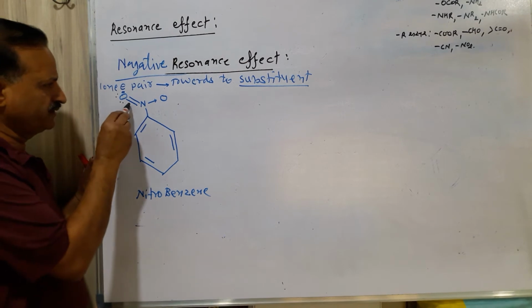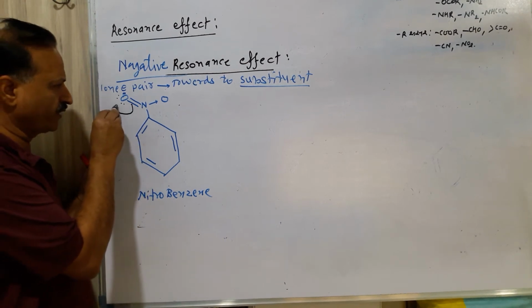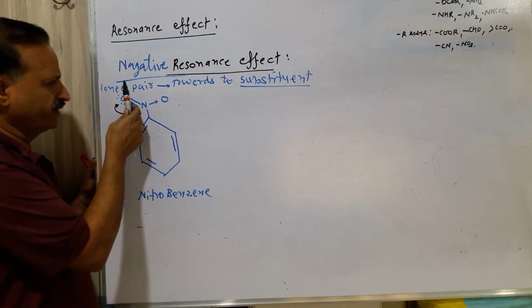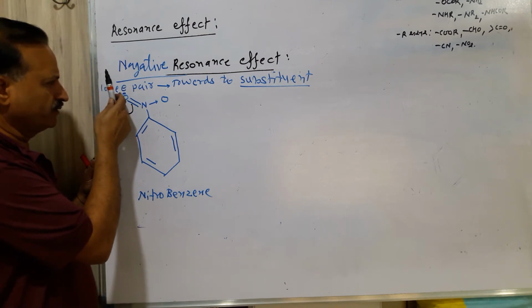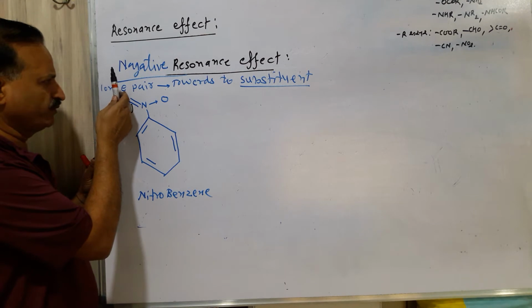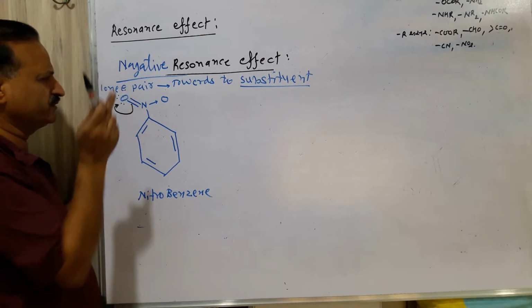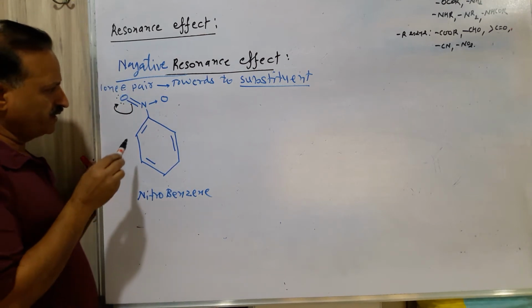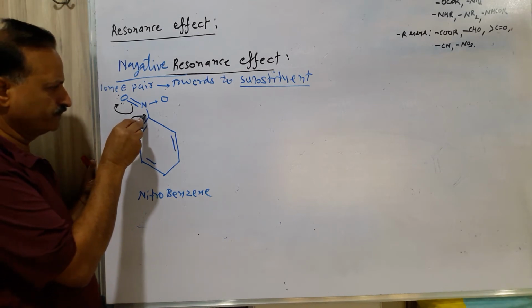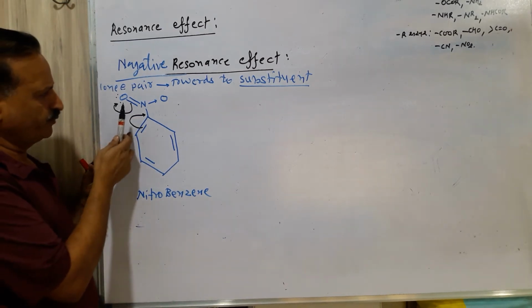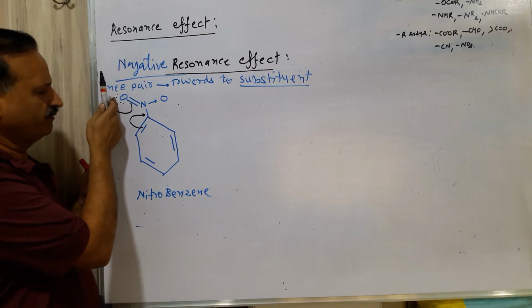What happens? This bond will convert into electron. So here the double bond will convert into single bond. Here 4 electrons, 2 electrons of the bond will transfer over here. Here is now O minus. And this bond will convert into bond. So here will be plus charge and here will be minus charge.